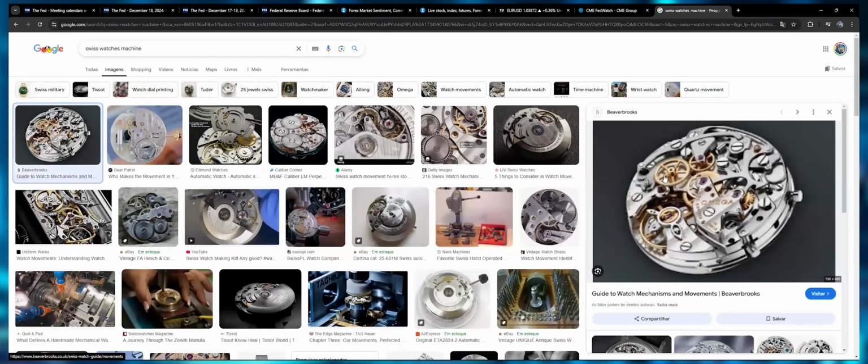You see all of these wheels here in gold color. One goes to this one and then builds this one and that one, and all of this works in combination to show three things: hours, seconds, and minutes. It's just the best of the best.